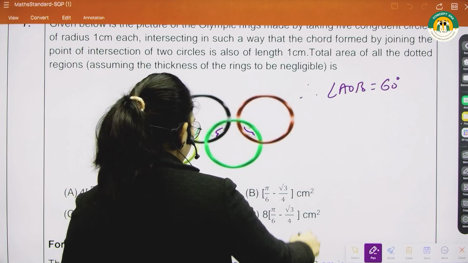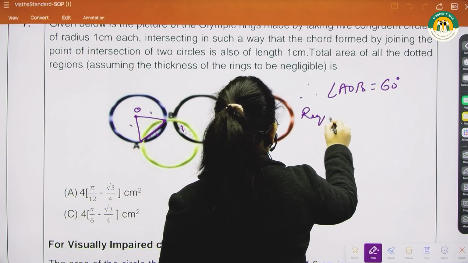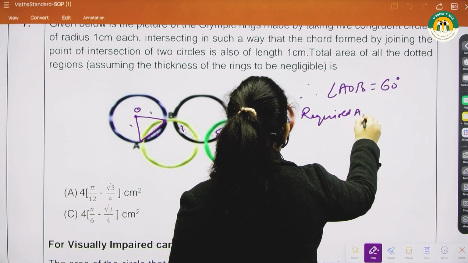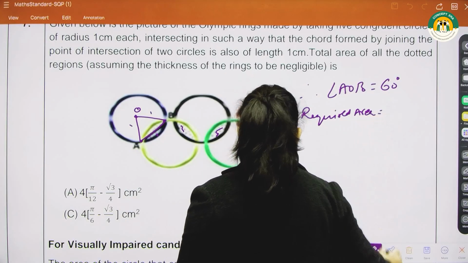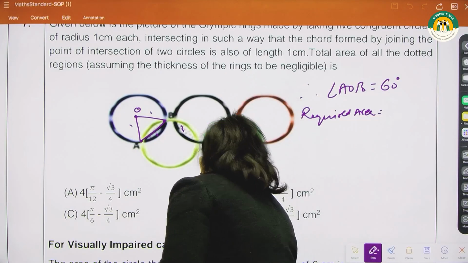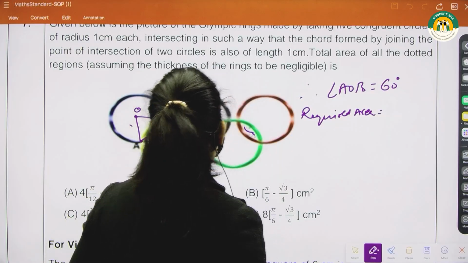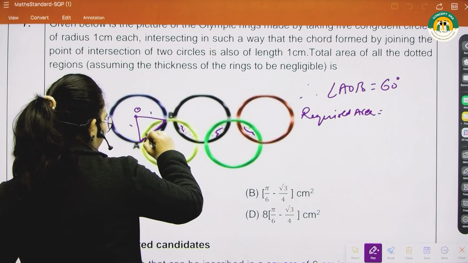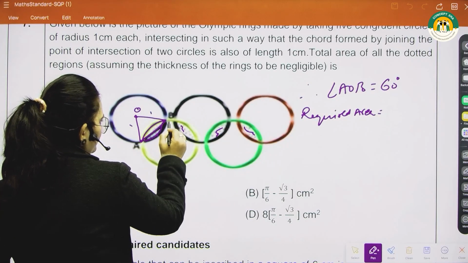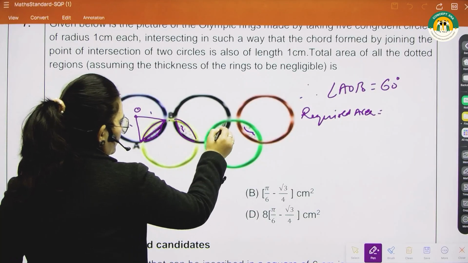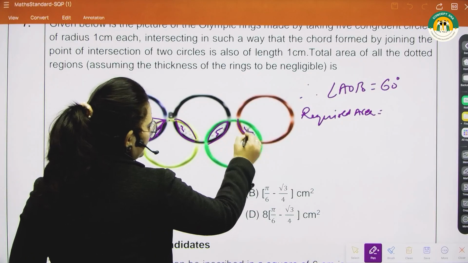So we have to find the area of the required region. It is 8 into, as how many segments are there? This is 1, 2, 3, 4, 5, 6, 7, 8.